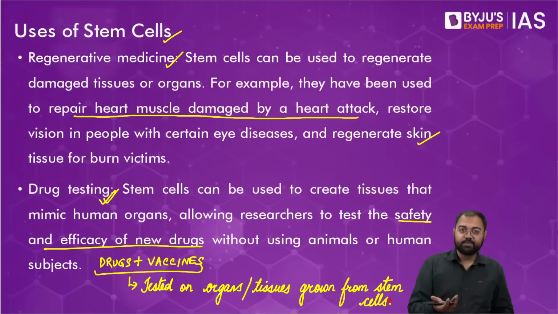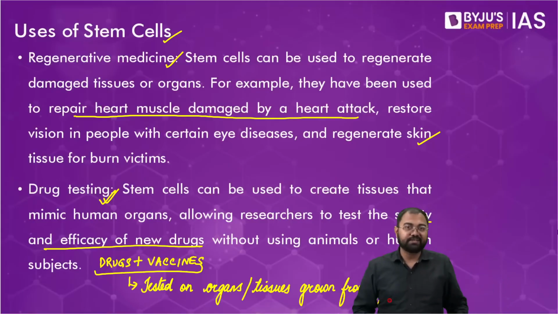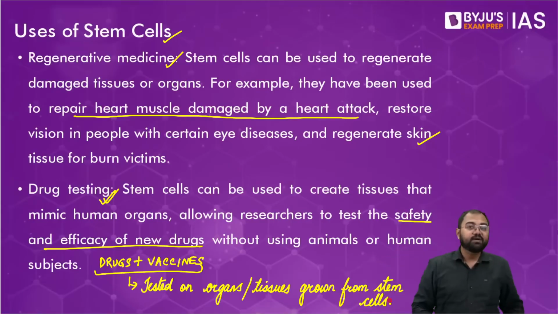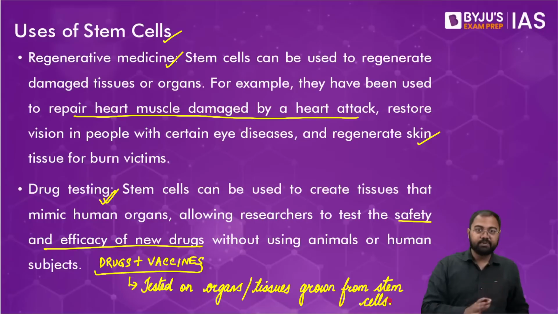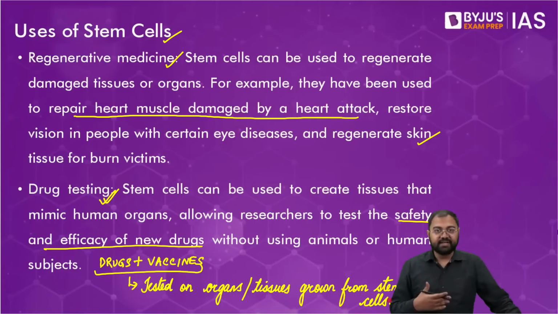How is this artificial lung responding? And if it is responding well, and we see that there are no side effects and no harmful effects, then we can use the same on people also. So that's why it makes the use of these drugs and new vaccines much safer.